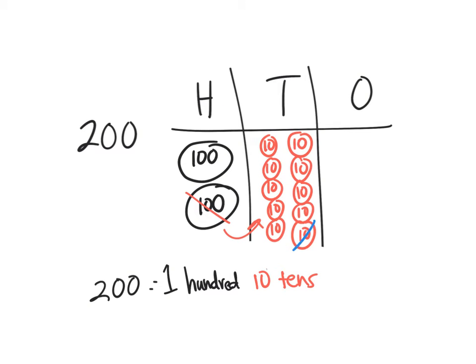I'm going to unbundle one of my tens. 1, 2, 3, 4, 5, 6, 7, 8, 9, 10. So now I have 100 still, but now instead of 10 tens, I have 9 tens, so I'm going to show that. And I have 10 ones now.